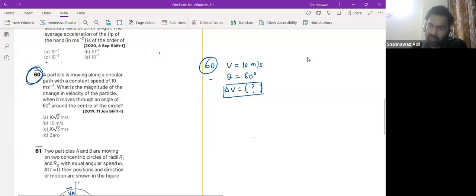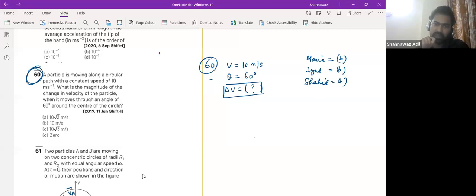So Maria is saying 10 meter per second, which is B. Yeah, there's also the same option B. Shahid is also getting B. Tarif also getting B. Fadil, what are you getting?